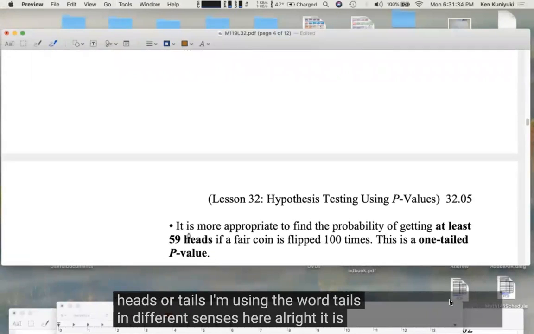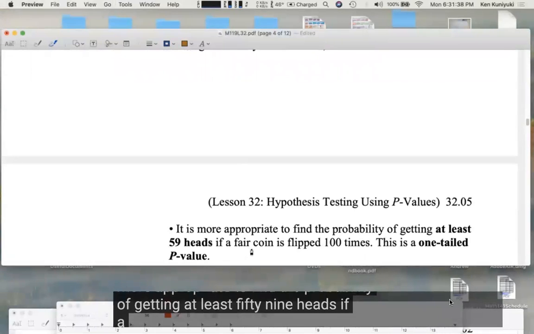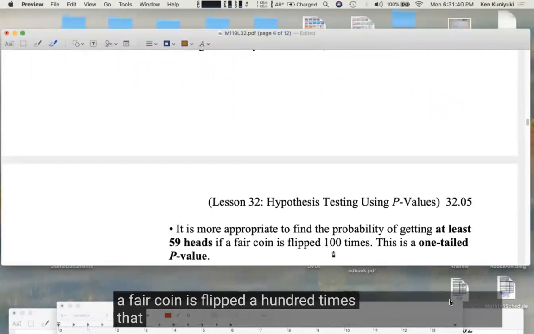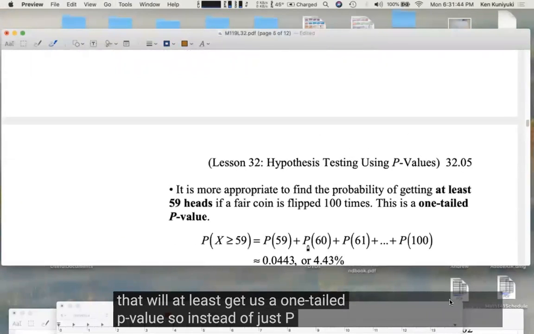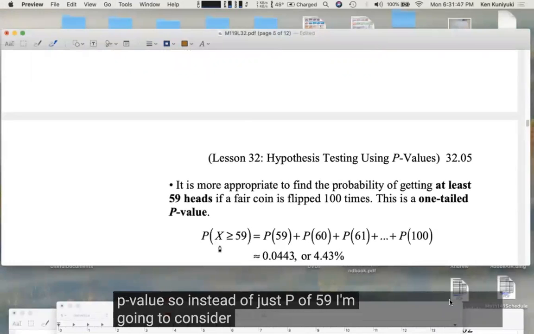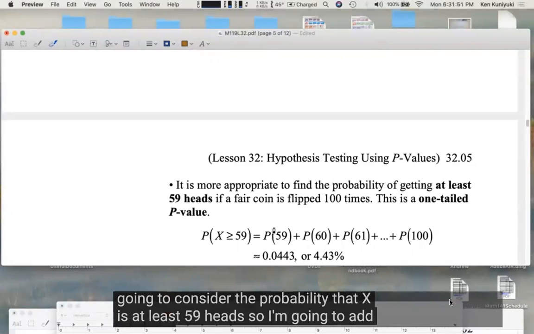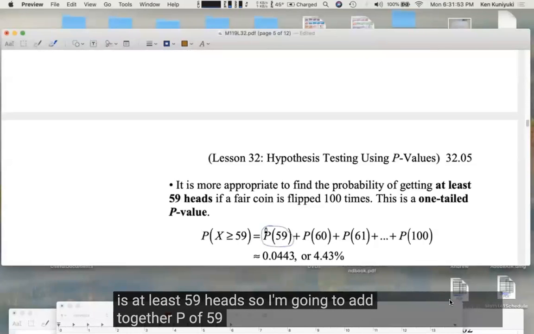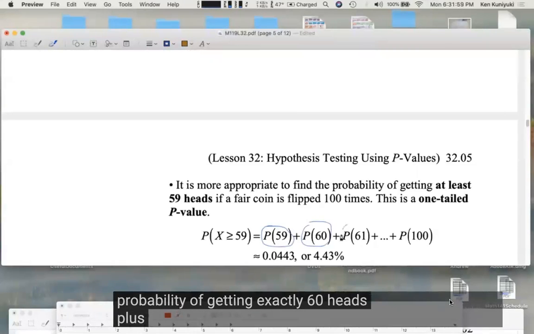All right. It is more appropriate to find the probability of getting at least 59 heads if a fair coin is flipped 100 times. That will at least get us a one-tailed p-value. So instead of just P of 59, I'm going to consider the probability that X is at least 59 heads. So I'm going to add together P of 59 plus P of 60, the probability of getting exactly 60 heads, plus P of 61, the probability of getting exactly 61 heads.